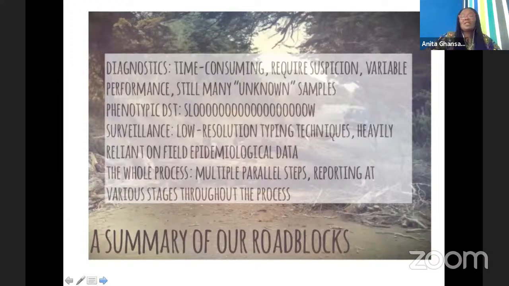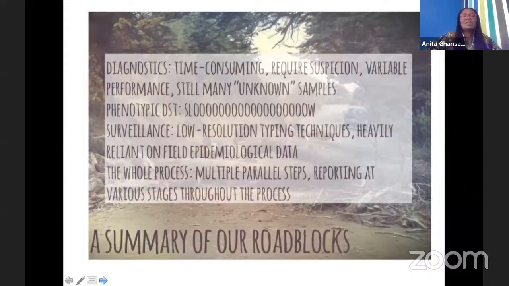Diagnostics is very time consuming, and we end up not taking a lot of samples in the population to understand the actual dynamics of the infection. Coming up with the exact phenotype is very, very slow. It takes days, especially for diagnosis like TB.